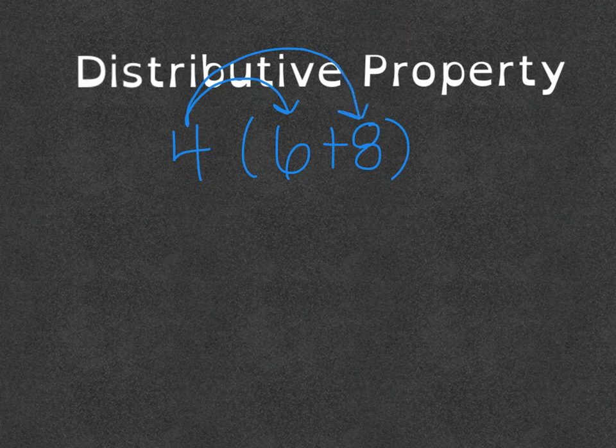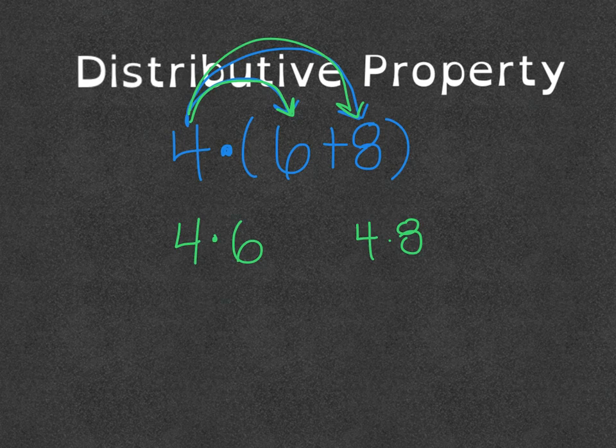I'm going to do that by remembering that this is a multiplication sign, and then I'm going to work with each of the problems. 4 times 6, and then 4 times 8. I'm going to be adding those two problems together.